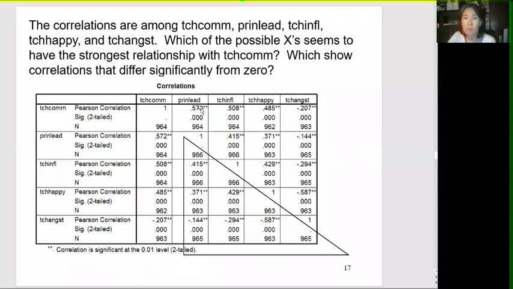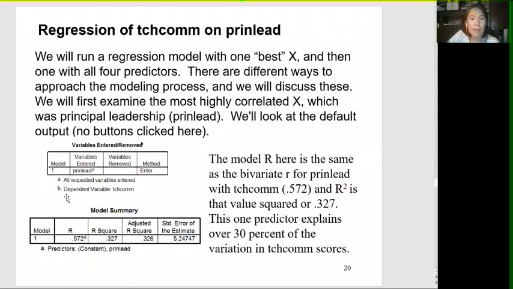Principal leadership and the teacher community outcome variable, 0.572, same, because bivariate. Okay. Yeah, R is the correlation, and you square it, then you will get this. And this is the model summary. Okay, so it's about 32.7% explained by principal leadership for the Y outcome.